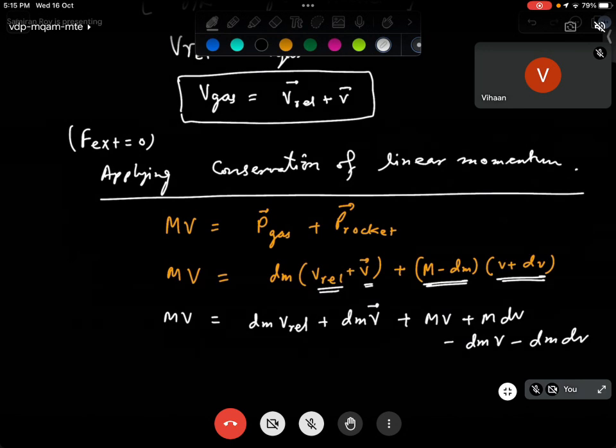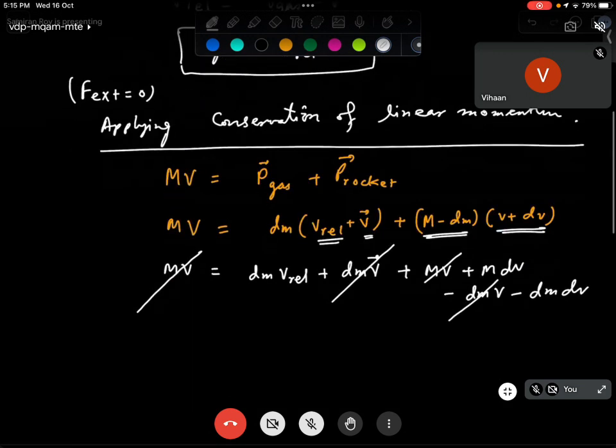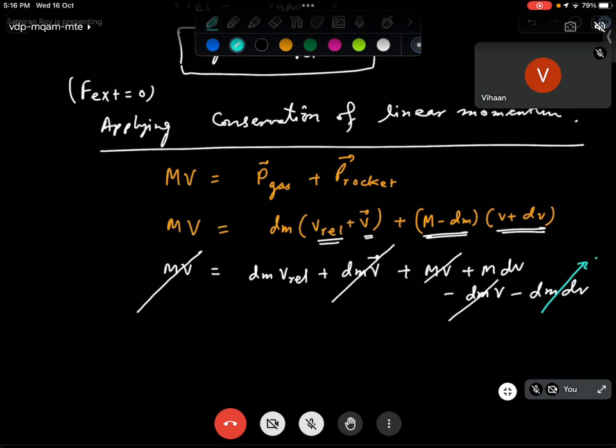Now you check this. Capital MV cancels, dm v cancels, and this last term will be 0. Why? This will be very small, because if you multiply two small quantities, it will be even smaller.